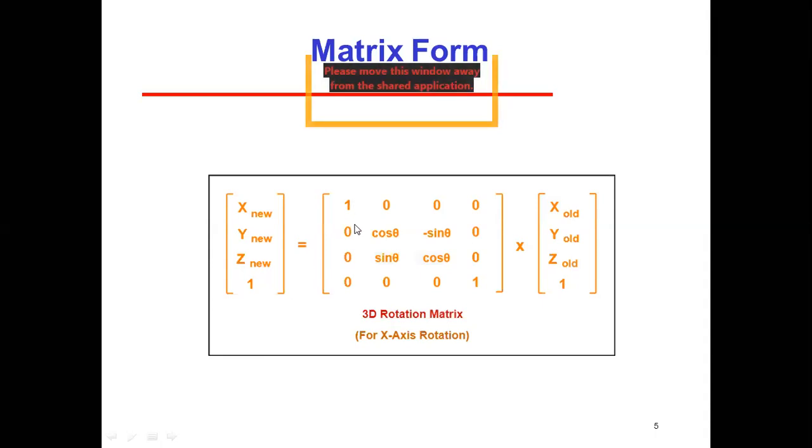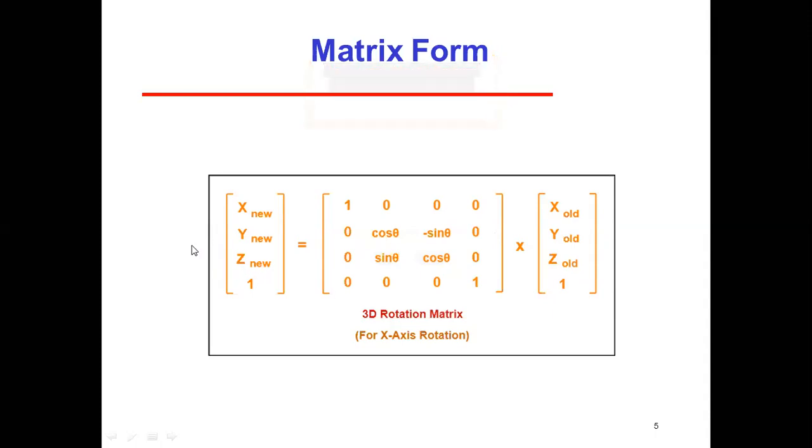Here it will come by 1 0 0 0, 0 cos theta sin theta 0, 0 minus sin theta cos theta 0, 0 0 0 1. Okay, this is maintaining the identity. So this is called the 4 by 4 matrix, and these are the initial coordinates x old, y old, z old, 1. Then how can we solve?